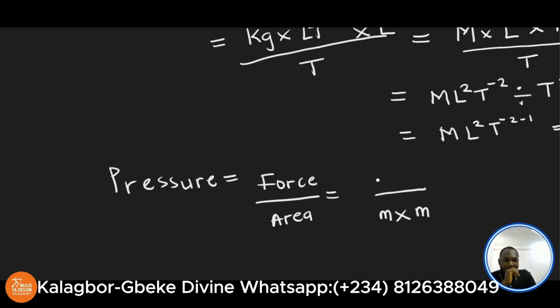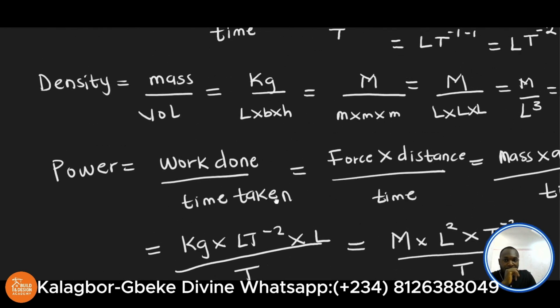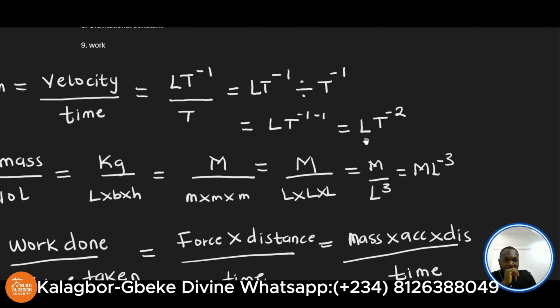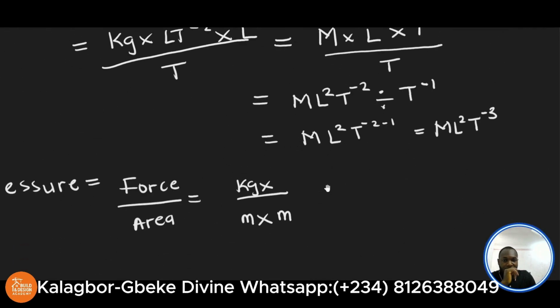And we know force is mass times acceleration. And we know that mass is kg, times acceleration. And our acceleration is LT minus 2, so mass times acceleration is LT minus 2. And we know that kg is the symbol for mass and is represented as M. So it will be M times LT raised to the power minus 2.